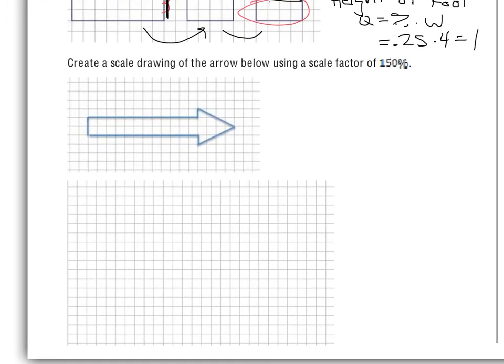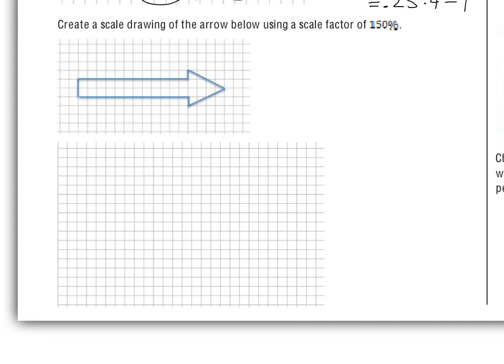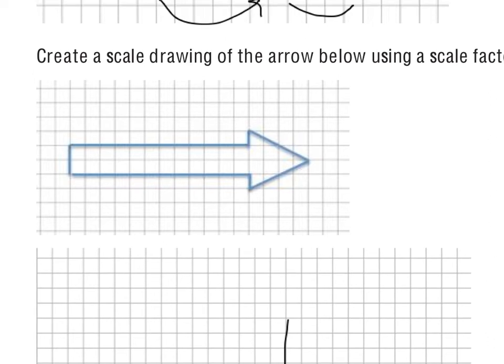All right, so go ahead and use the space below, looking at this next problem, to draw a scale drawing of the arrow. I'll give you a couple of hints here. There are really four major measurements that you need to worry about. The first major measurement would be the width from the end of the arrow to where the rectangle begins.